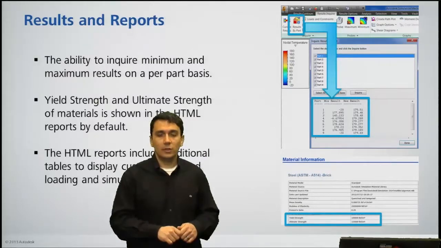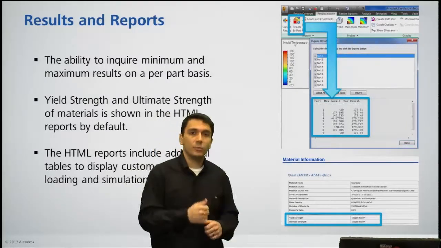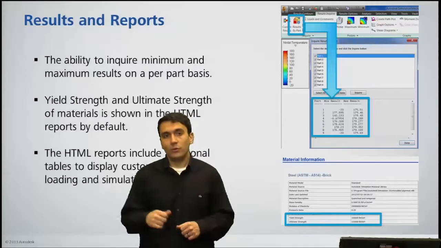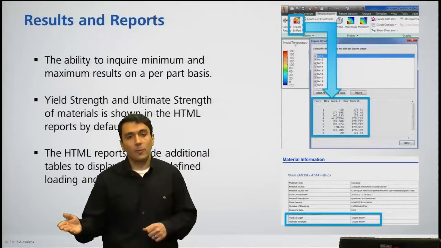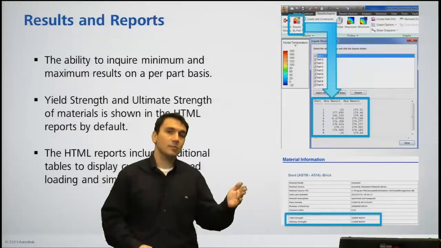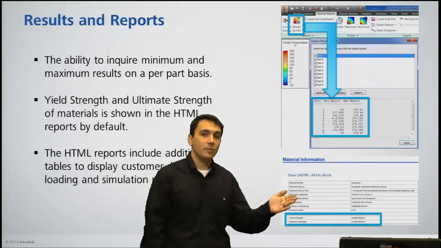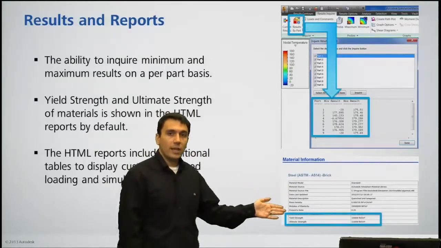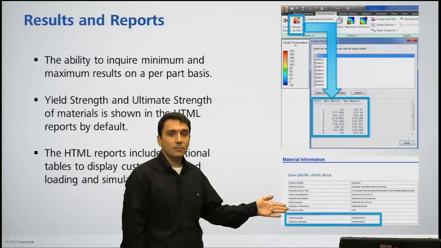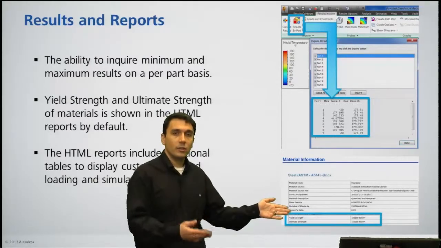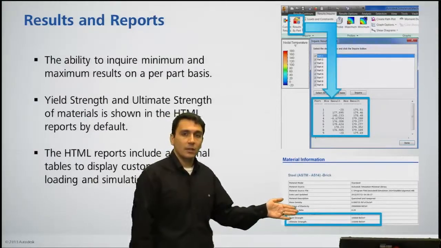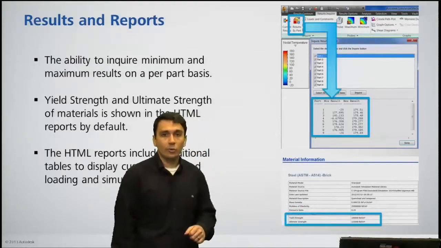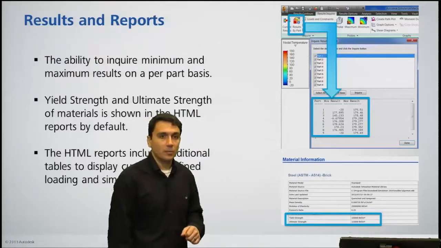So if you're dealing with material information that you're bringing in from your CAD geometry, for example, or if you have selected a material from our library, or if you created a custom material in the Material Library Manager, your yield and ultimate strength will always be displayed here. And then you can understand where you stand against these numbers for your von Mises stresses, for example.